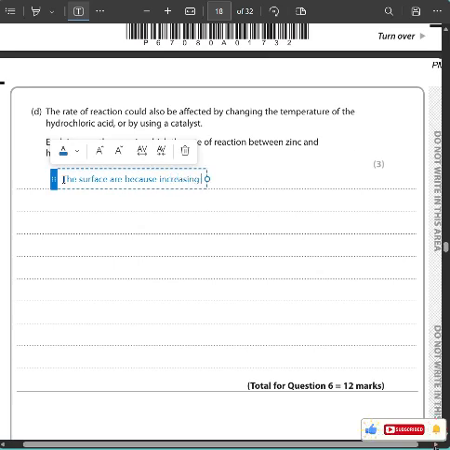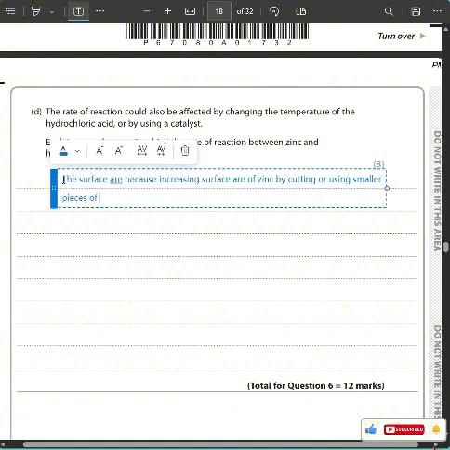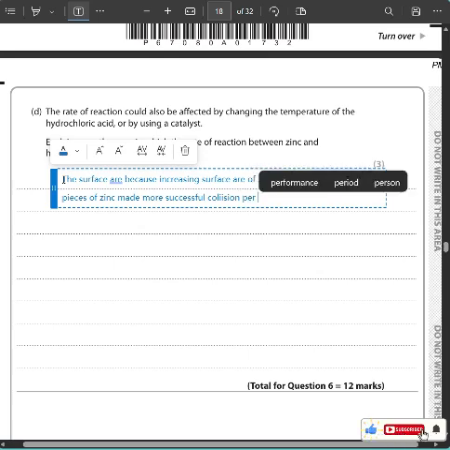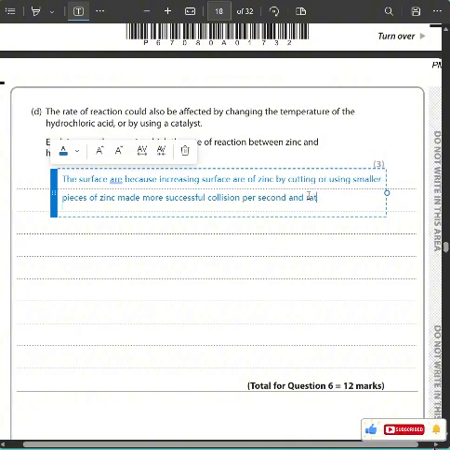Because increasing the surface area of zinc by cutting or using smaller pieces of zinc makes more successful collisions per second, and the rate of reaction increases.